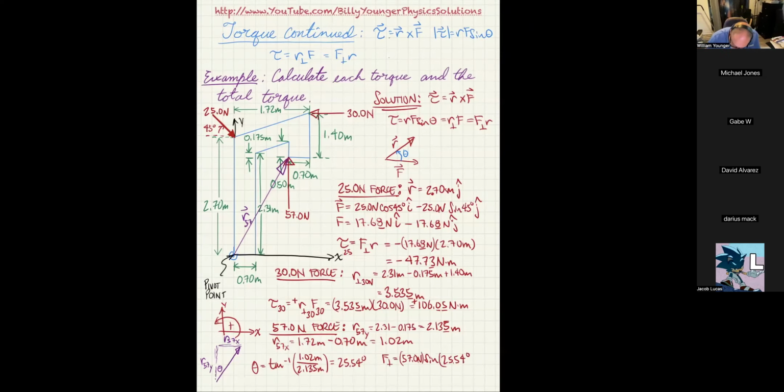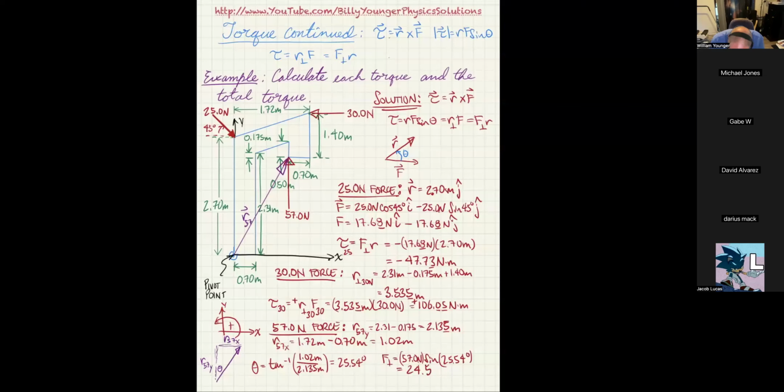If I compute that, 57 times sine 25.54 gives me 24.57.